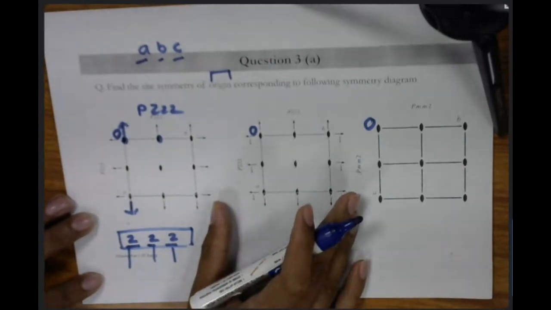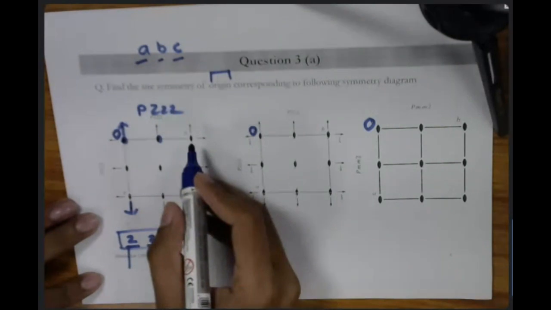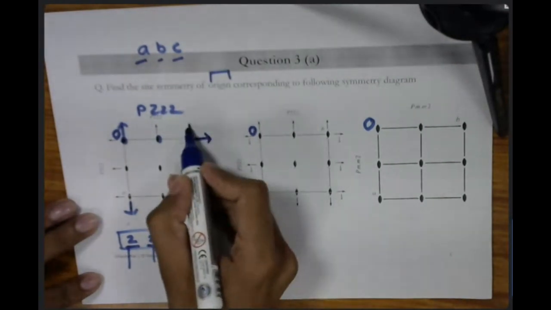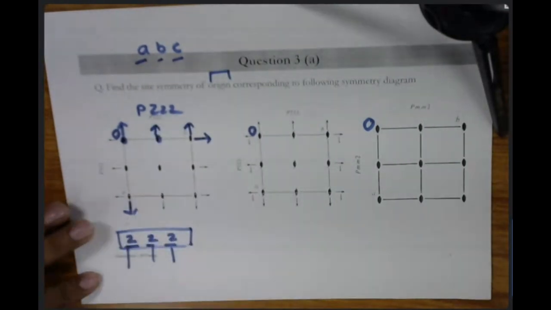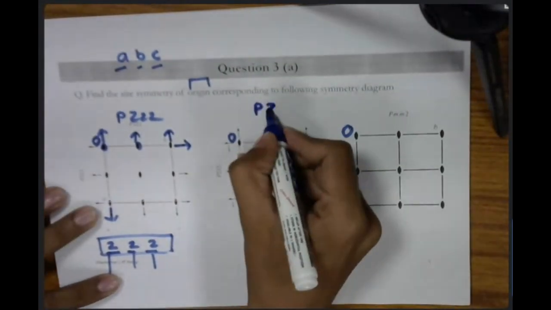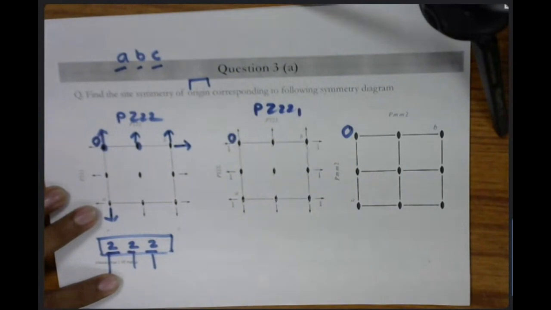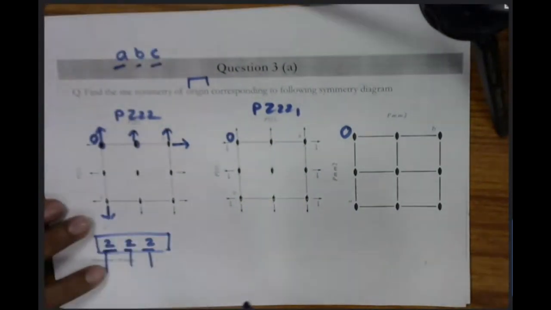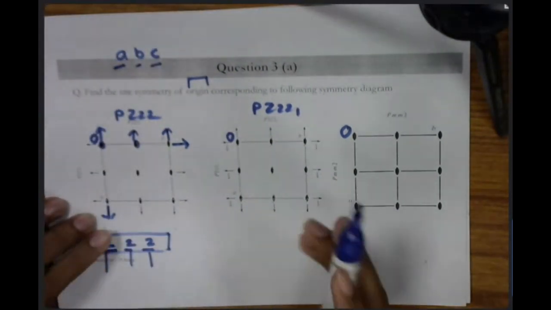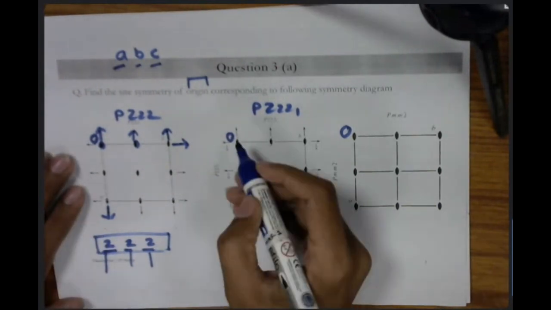Similarly, see here the important thing is how the arrow is represented over here. If we go with the second question, it is P 2221. Again we got to know that this is orthogonal, and the origin is marked over here.